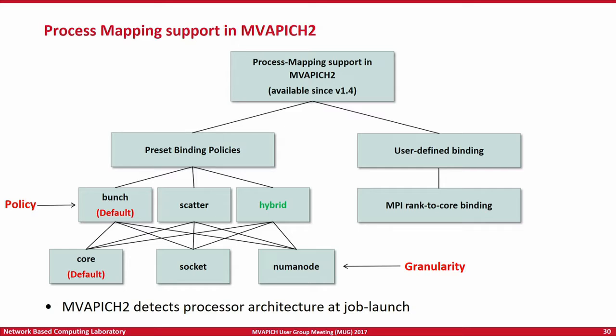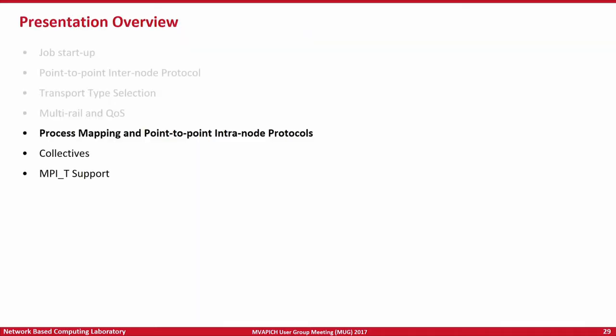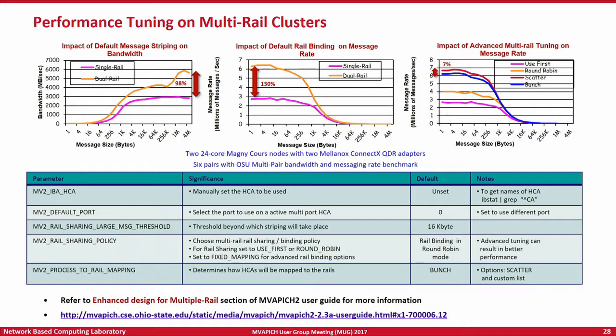The binding policy can either be user defined, where the user has maximum flexibility in where the processes get bound, or users can use one of the preset binding policies like bunch and scatter and the newly introduced hybrid. So let's see what these binding policies are.